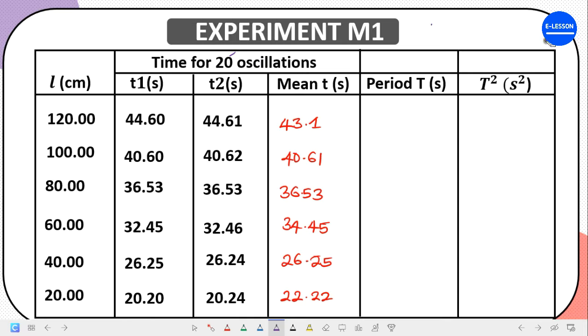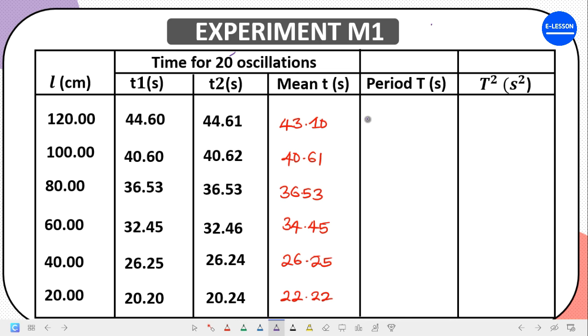If we work through that for each of them, you are going to have 43.10. Take note, you must make them four significant figures, so we should change this to 43.10. Divided by 20 oscillations, so we are going to divide each of them by 20.